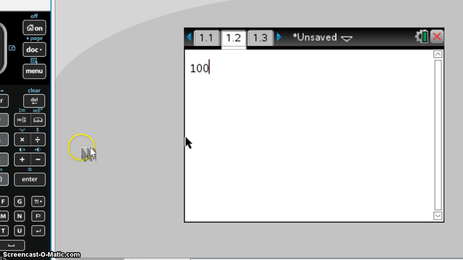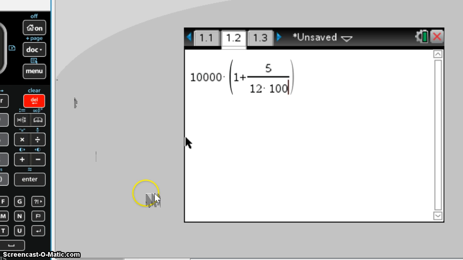Okay, so it's 10,000 times 1 plus, and if I want to get the fraction, I push control and then the divide sign. The control is up the top left, sorry, you probably can't see that, but top left. And then I do 5 over 12 times 100, all to the power of.